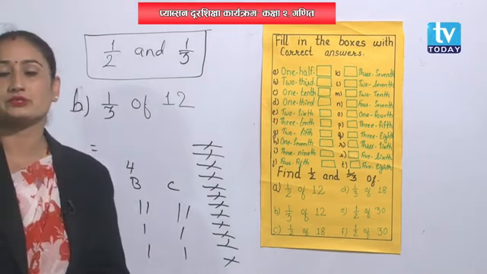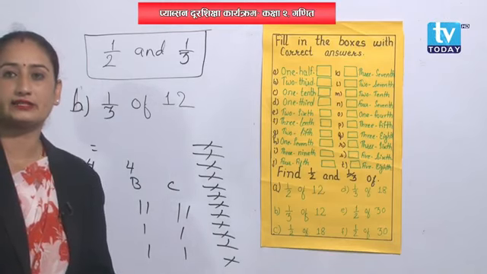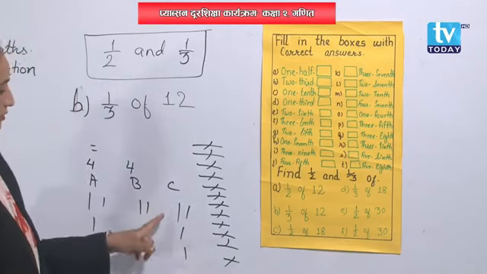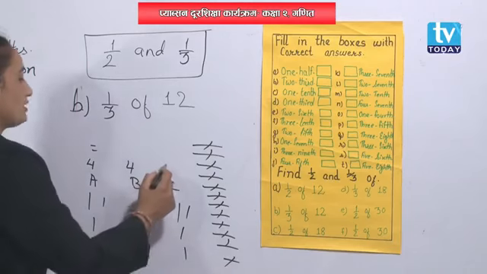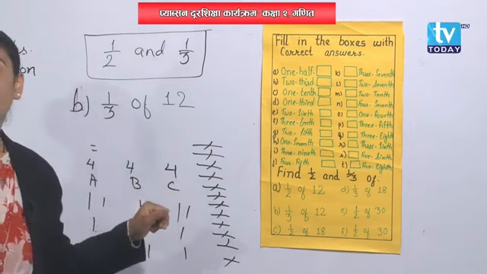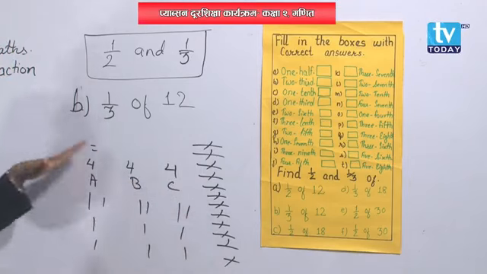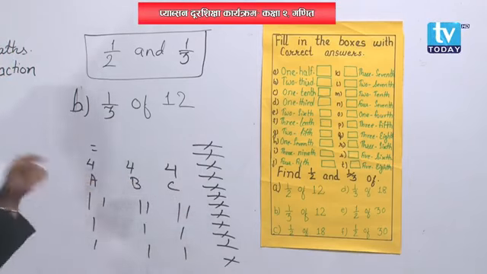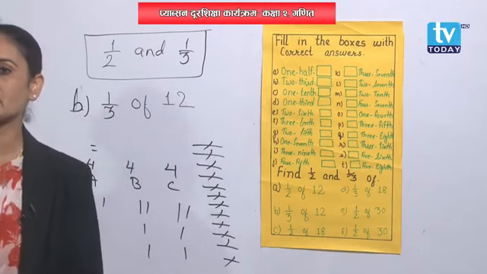Again for group C. How many lines are there for group C? 1, 2, 3, 4. So all together, all these groups have 4 lines. So that means 12 lines are divided into 3 groups, and each group is getting 4 lines.